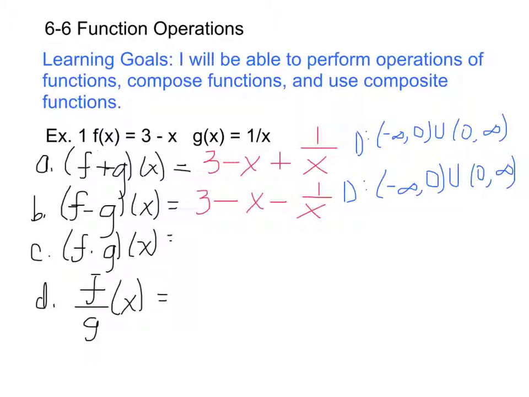And then multiplying, you would distribute, or you can write it like this: 3 minus x over x. And here again, we still have an x in the denominator, so our domain hasn't changed.